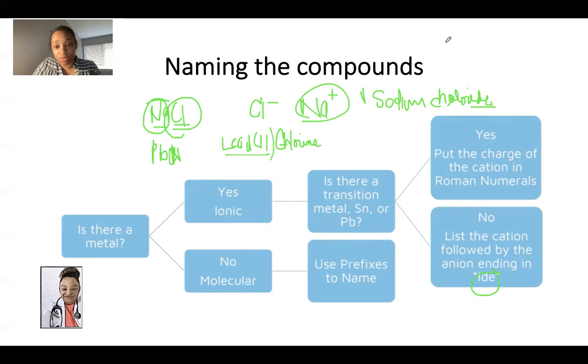These are two non-metal elements, so it's carbon, and the prefix for two is di. Dioxide, or two oxygen. All right, so that's that.